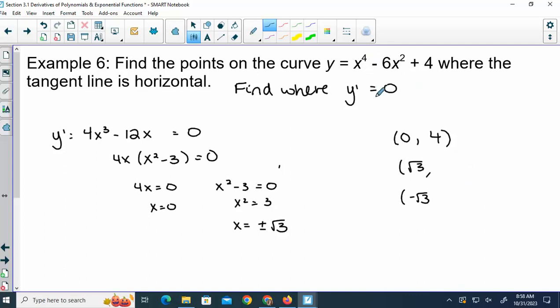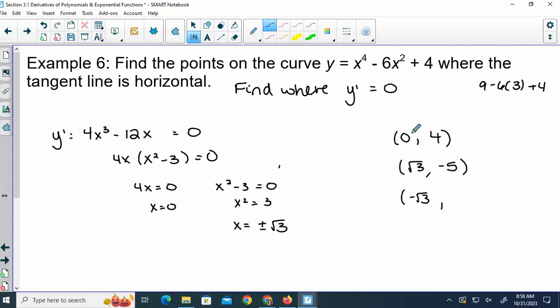Radical 3 to the 4th: radical 3 times radical 3 is 3, and if you do that twice, we get 9. Minus 6 times radical 3 squared, which is 3. So 9 minus 18 plus 4 is negative 5.